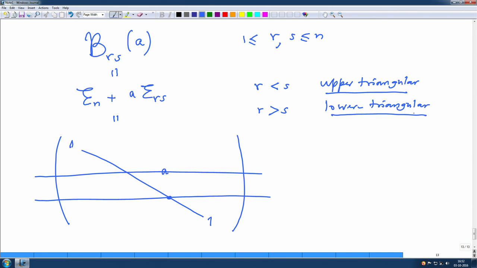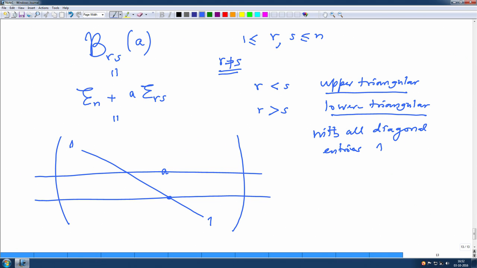So these elementary matrices are either upper or lower triangular, and we never allow r equal to s. r is not equal to s. These matrices are upper triangular or lower triangular, and the diagonal entries are always 1.